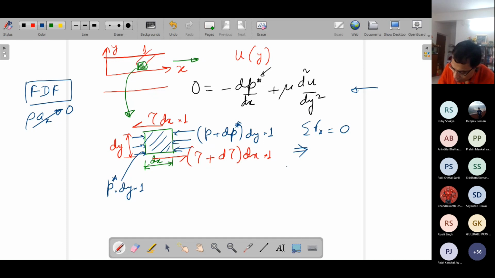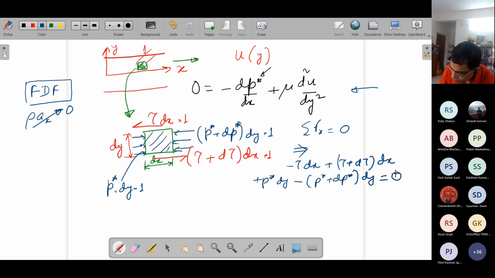So you have minus tau dx plus tau plus d tau dx, plus p star dy minus p star plus dp star dy. This is equal to 0. I have just written the forces here along x. We have not considered any body force along x, so only the surface forces.